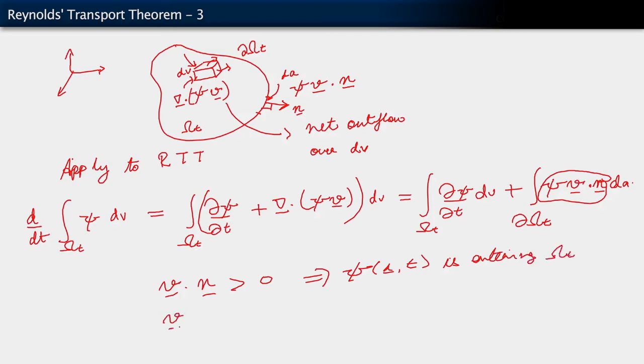Okay, and at points where v dot n is negative, it implies that there you have this quantity psi leaving omega sub t.